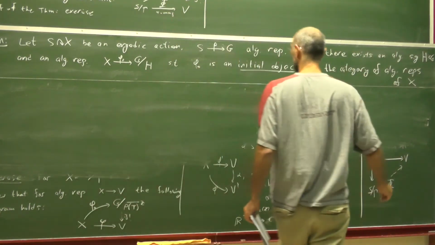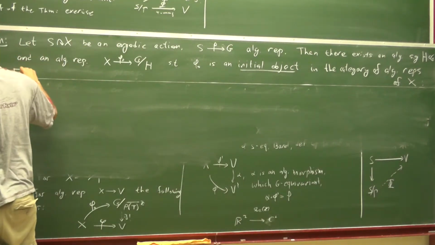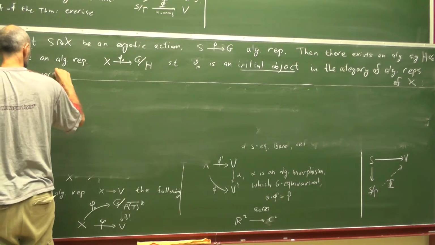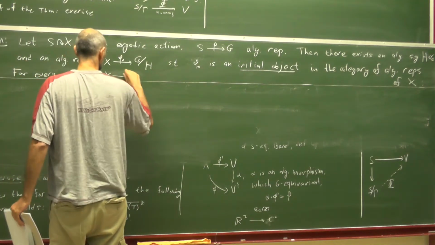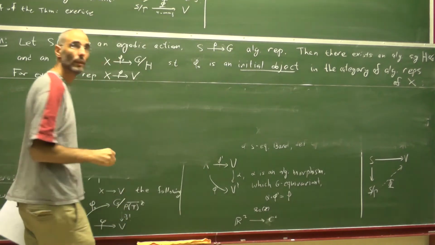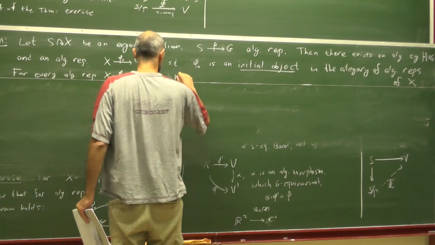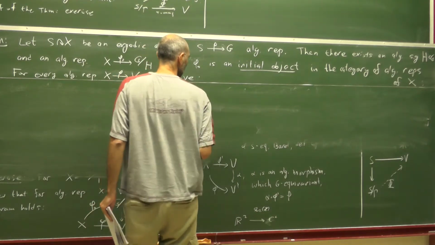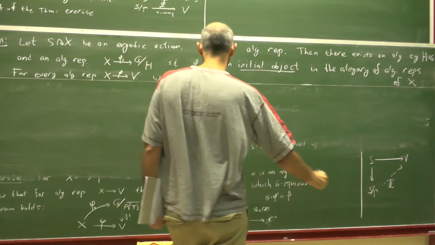So, for every algebraic rep, X goes to V, we have, and now I will draw instead of writing, but to be clear.